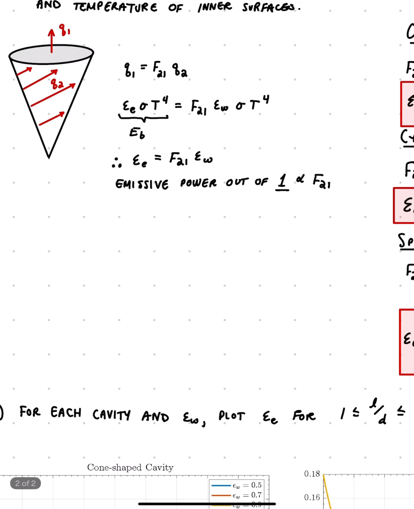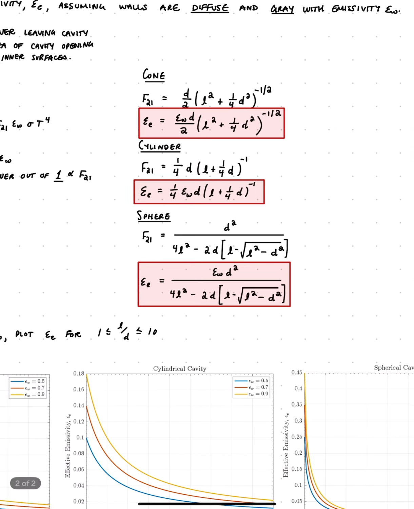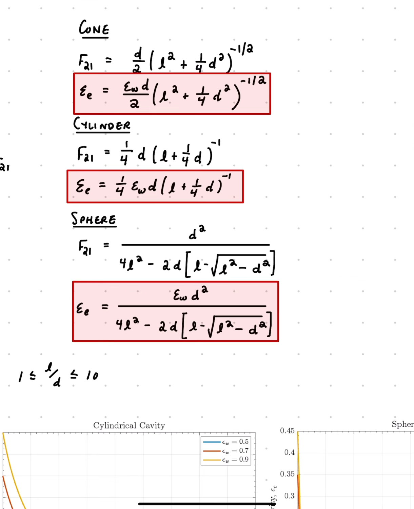And then these two end up canceling each other, which gives us that the effective emissivity is equal to our wall emissivity times our view factor that we found in the previous step. And then the effective emissivities for the cone, cylinder, and sphere are simply just going to be the view factor that we solved in the previous problem times a wall emissivity term.